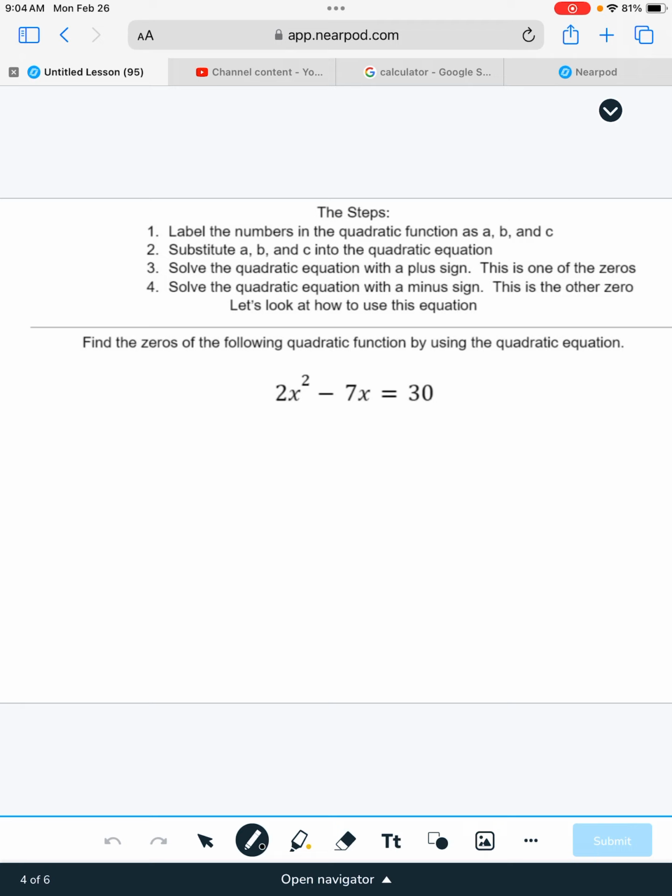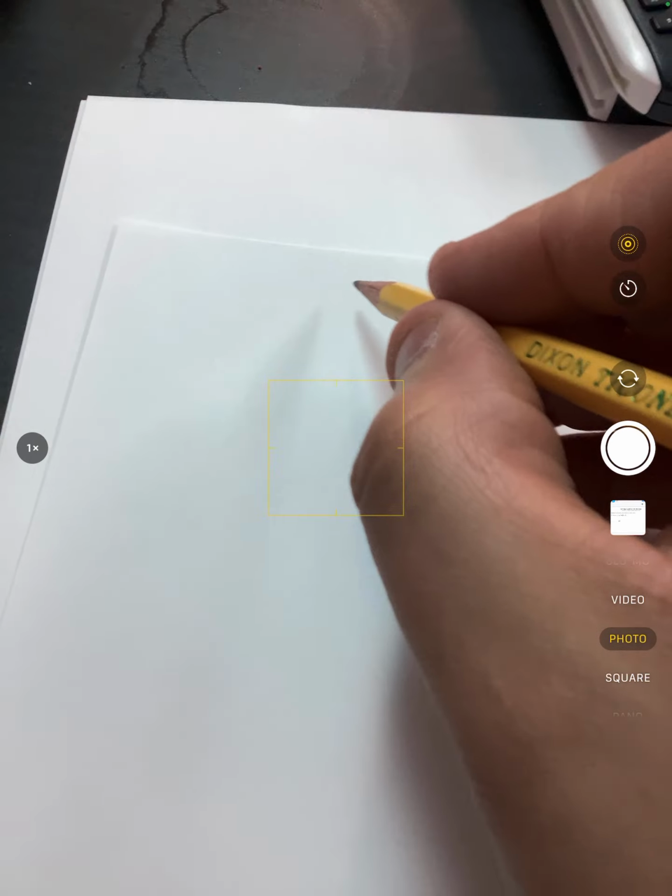Well, it's not finding zeros now, is it? Oh, yes, it is actually. That's going to take just a second to move the 30 around and then solve for it. So once again, let's go ahead and grab my paper and let's get started.